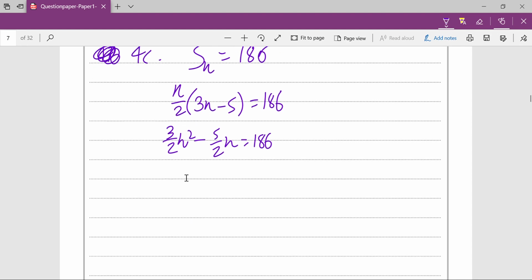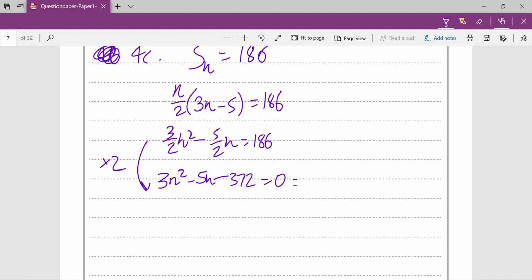And at this point, for readability, I'm going to multiply everything by 2 before moving this to the left-hand side. So we get 3n squared minus 5n minus 186 times 2, which is 372, is equal to 0. So, what do we do from here?